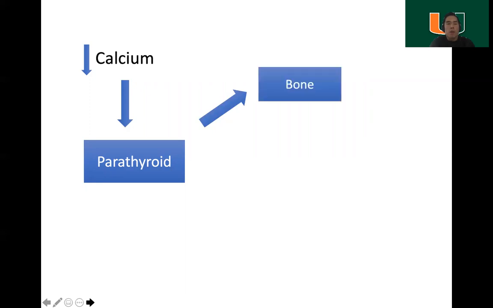Number 1 is on the bone. PTH stimulates osteoclasts to resorb the bone, which then releases the calcium into the bloodstream. So the first action of PTH is on the bone, stimulating bone resorption through osteoclasts.